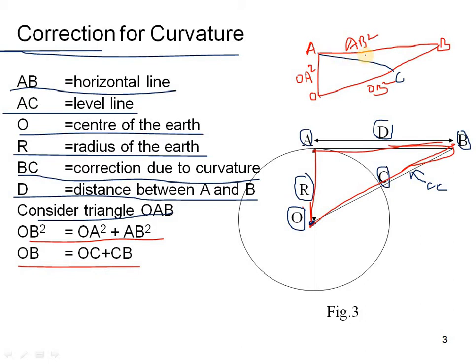Now we will call it as AC is equal to level line. But here we are taking OB is equal to OC plus CB, so up to here.